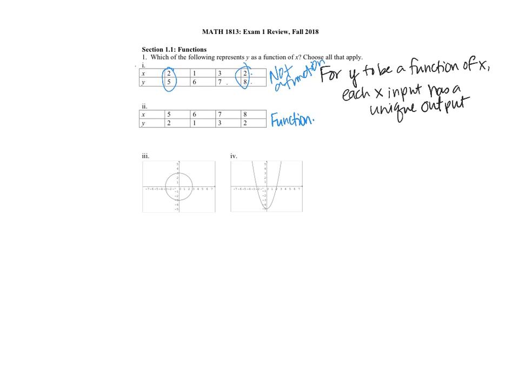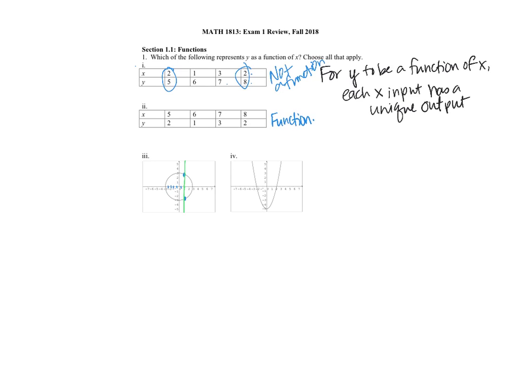If I look at number 3, I'm looking at each x input and I want to see the outputs that go with it. So I see for this x input I have two outputs. And so I can think of this as a vertical line. So for some x input, I hit the graph at two different places.